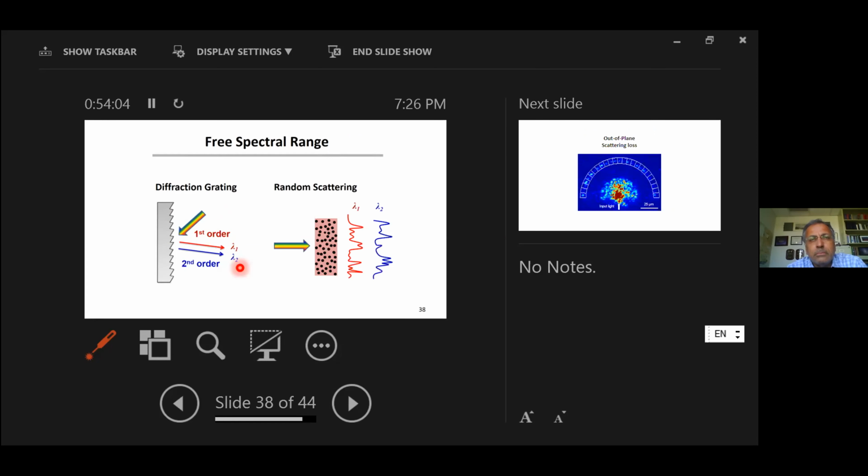But for a random spectrometer, if two wavelengths are well separated, it's very unlikely they generate exactly the same speckle pattern. This chance is very low because the random medium removes any symmetry, any degeneracy that is possible. So usually the fingerprints are very different if you have many speckle patterns. Therefore, we can cover a very broad frequency range without worrying about a finite free spectral range. So that's very beautiful.